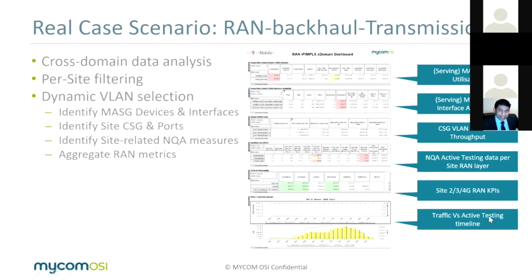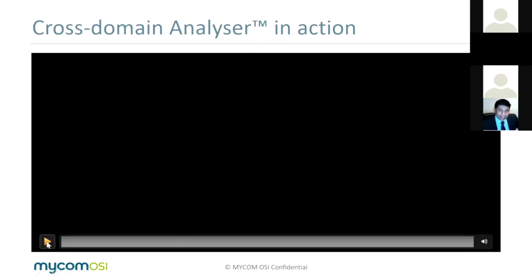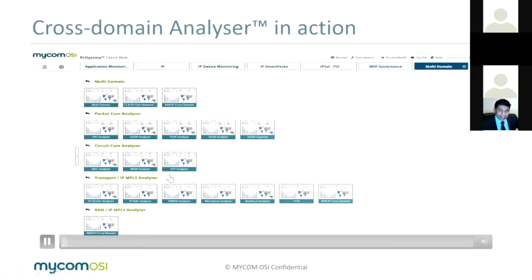Because we've got a comprehensive list of SNMP libraries, we can also do some active testing through our capabilities too. So I'll give you a short demo on how we isolate the bottlenecks between the multiple domains very quickly, and also address the optimization capabilities in order to fix these problems.